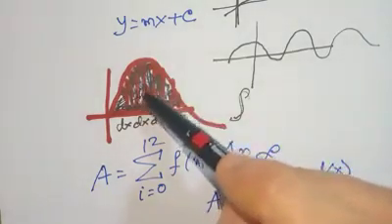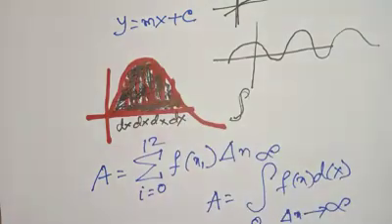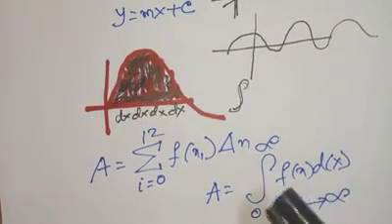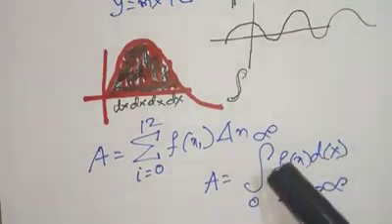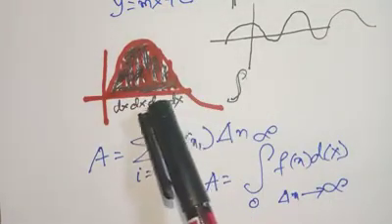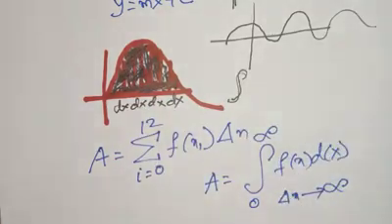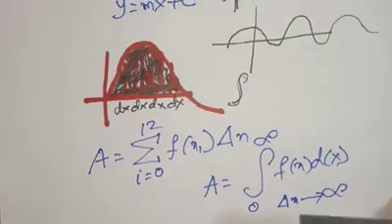But if we want to make it as smooth as possible, in that case we will use integration, and integration means that this delta would go towards 0. That means we are trying to eliminate all those gaps, and here we will use integration.